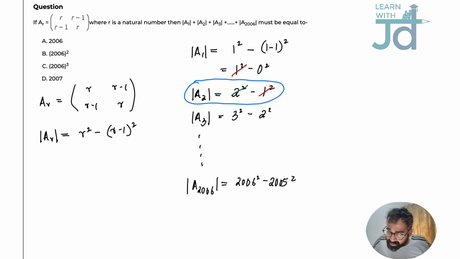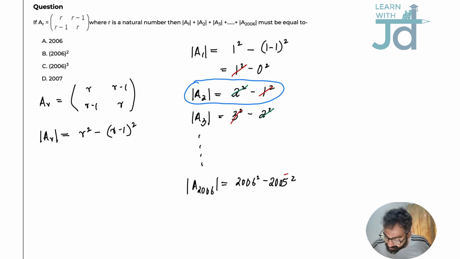And the left hand side is cancelling with the next term. But the first term has no previous term, so its right hand side will be intact, it will remain as 0 square. Now left hand side is cancelling with the next term. But for the last term there is no next term, so its left hand side will remain intact.